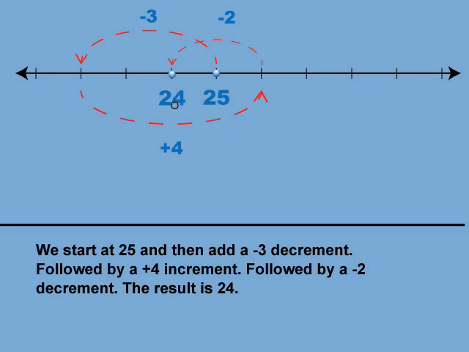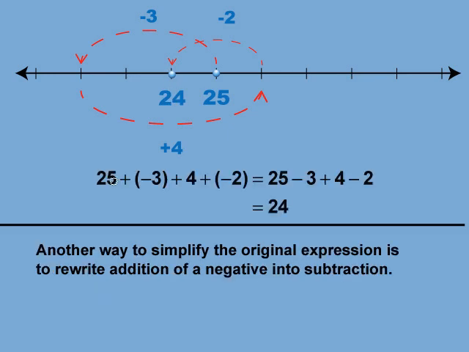The result is 24. Another way to simplify the original expression is to rewrite addition of a negative into subtraction. The original expression changes to 25 minus 3 plus 4 minus 2, which equals 24. Let's look at another example.